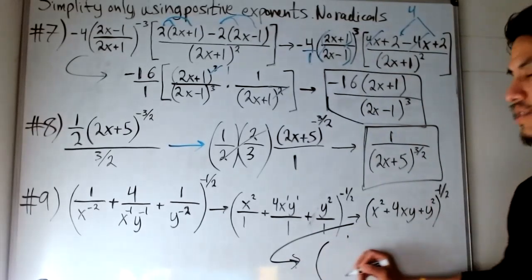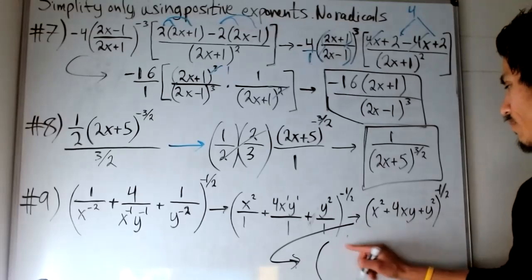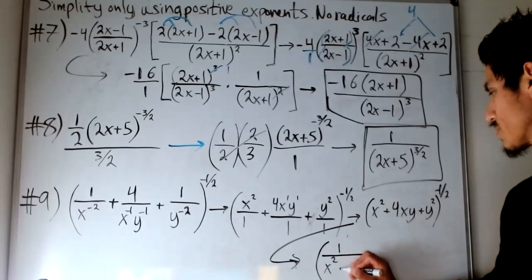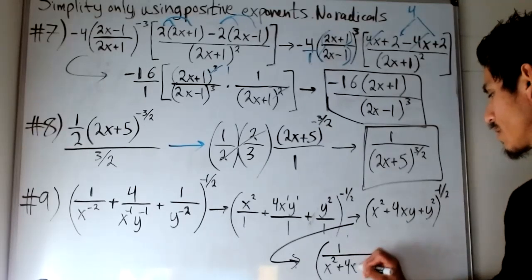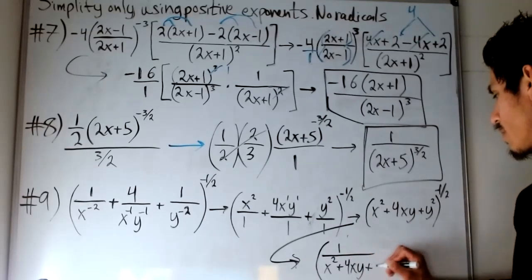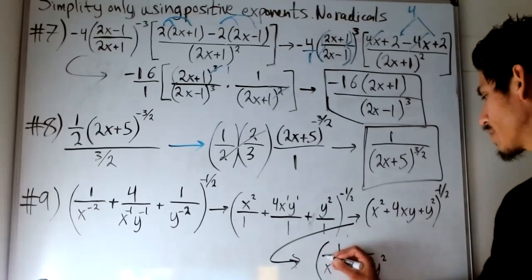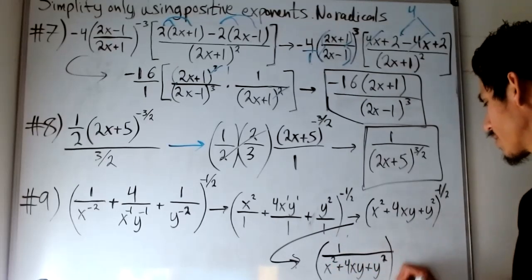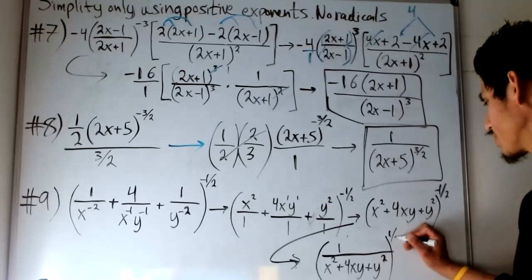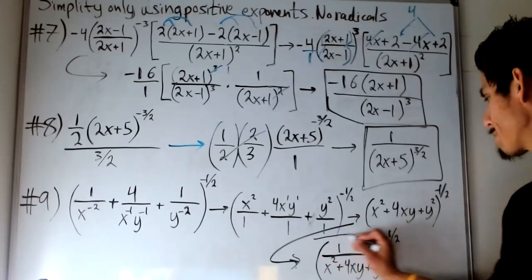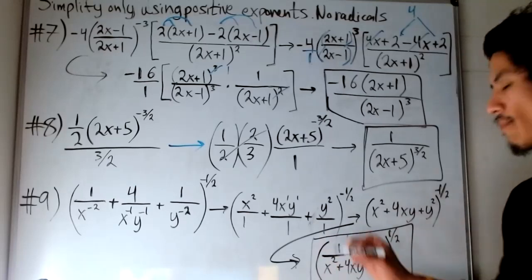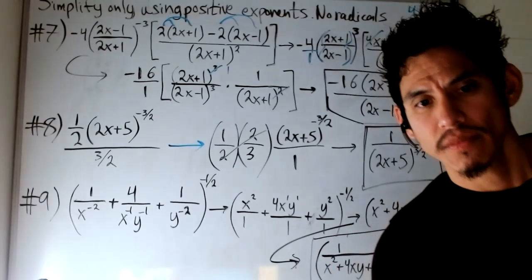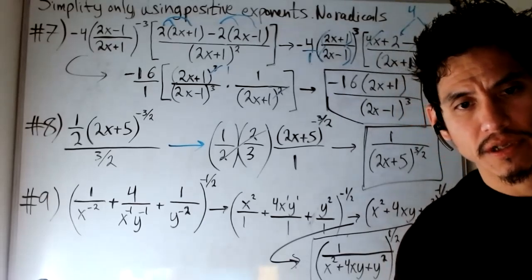Make the whole expression 1 over x squared plus 4xy plus y squared in the denominator, all raised to the positive 1/2 power. And there you go. That's all there is to it. So I hope that helps. Good luck.